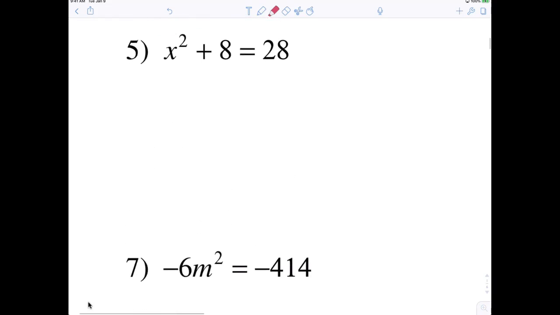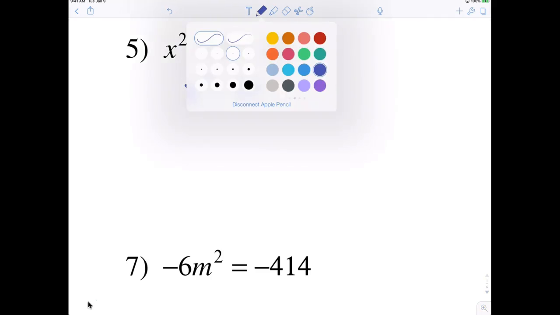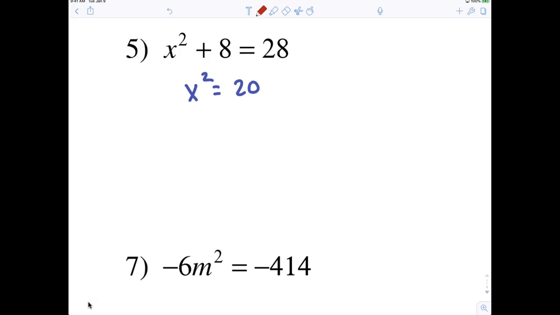All right. Number 5. I have to isolate the square. So what do I have to do first? Subtract 8. Now everybody should be able to look at that and just say k squared is equal to what? 20. Now what do I have to do? Square root.